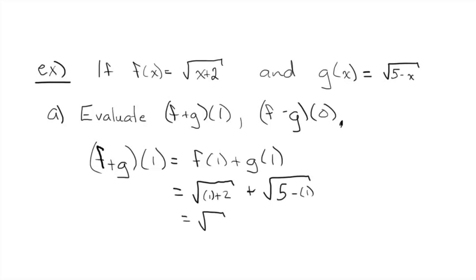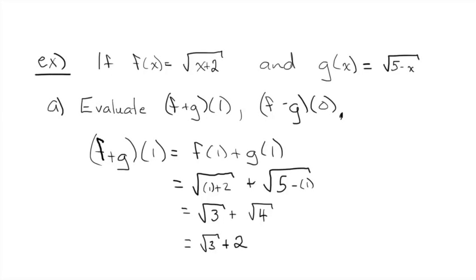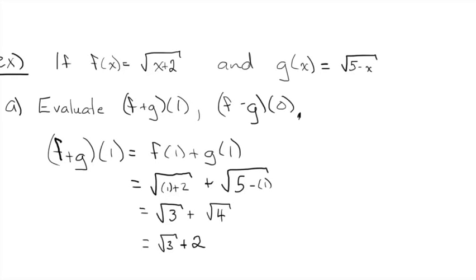So square root of 3 plus square root of 4. Well, square root of 3, I'll just leave it as that because it's not an exact square root. So I have root 3 plus 2. That's all you can do without rounding, and then you would lose accuracy, so we'll stop there.